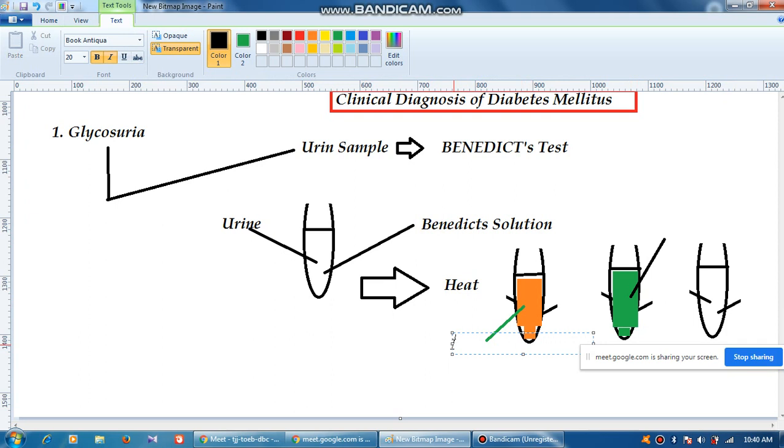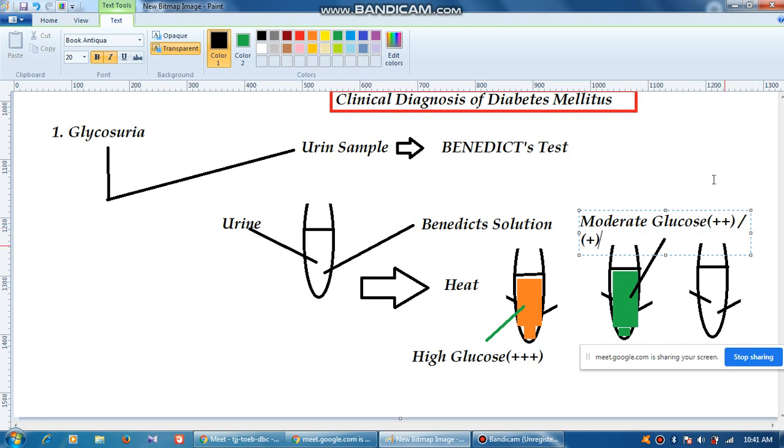First, if there is a brick red color, it means high glucose, and we'll put high glucose as +3. Very high level of glucose. Now here it is moderate glucose. In moderate glucose, we will put +2, or sometimes +1, depending on the intensity of the color.